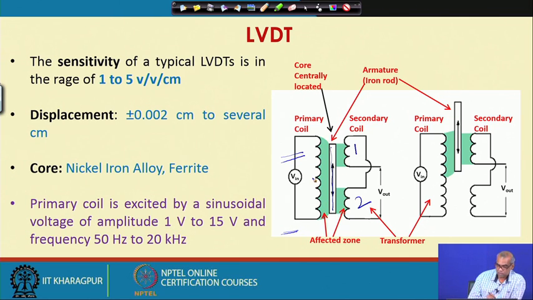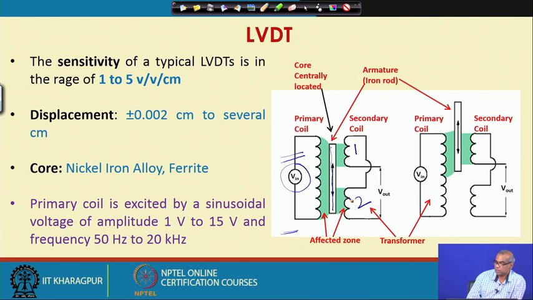The primary coil is excited by this voltage. Now, when this soft iron core is centrally located, these two secondary coils are equally affected.